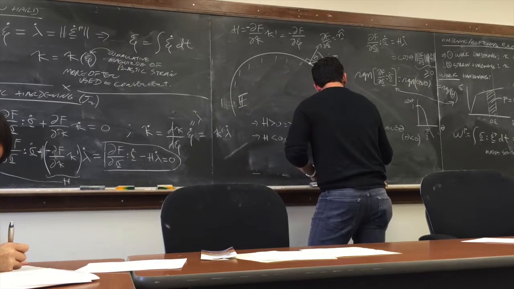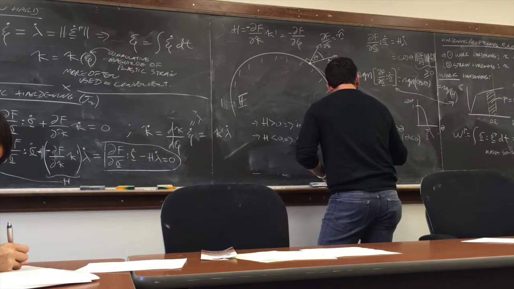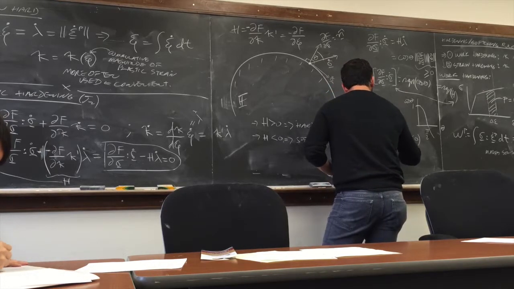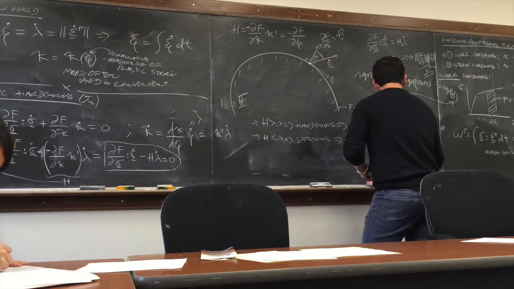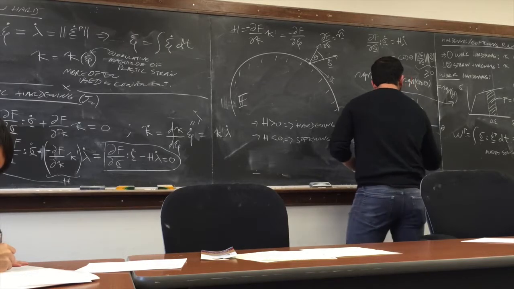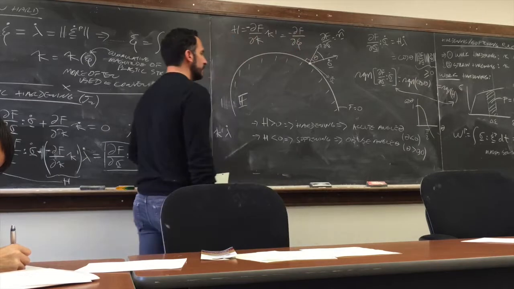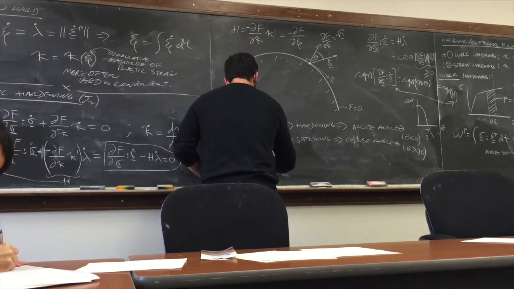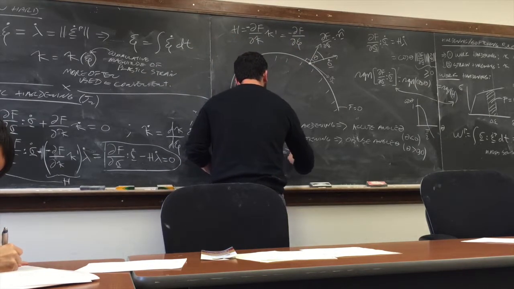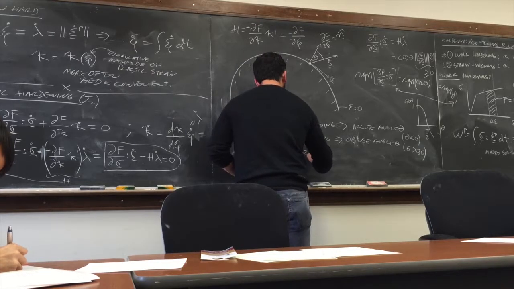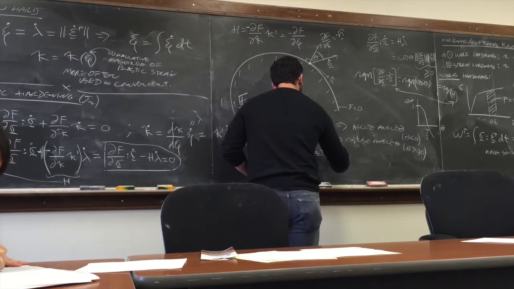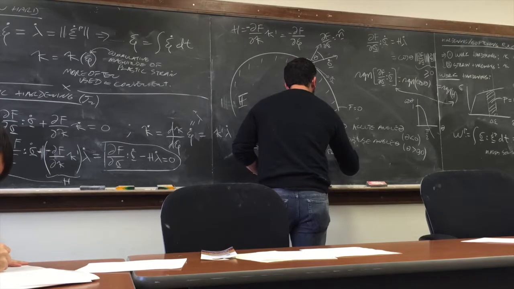This is an obtuse angle theta, meaning theta is greater than 90. And finally, H equals 0, perfect plasticity. So we go back to where we started.